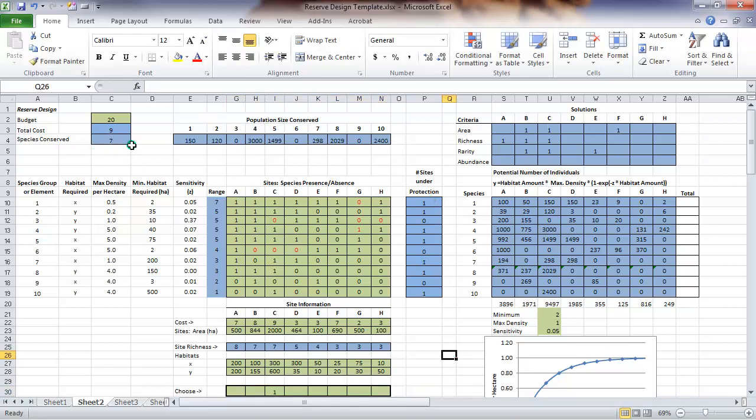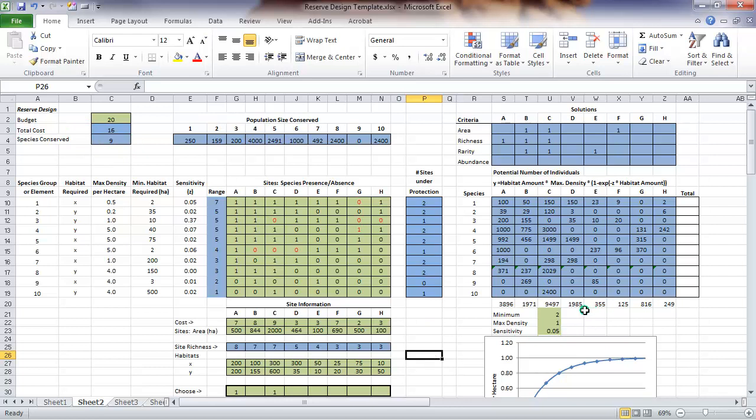and we would see that we have 7 species conserved. Remember, we still need all species conserved. Our next site would be site A, and that gets us to 9 species conserved.